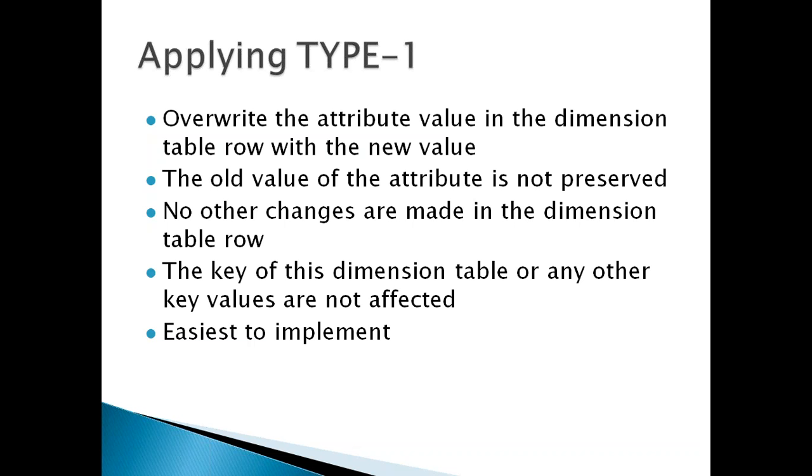Apart from this change, there is no other change made in the table. The key of this dimension table or any other key values are not affected. And it is the easiest to implement because we can delete the data and we can override the values. So this is about your type 1 SCD.